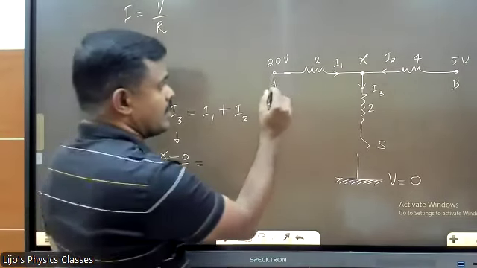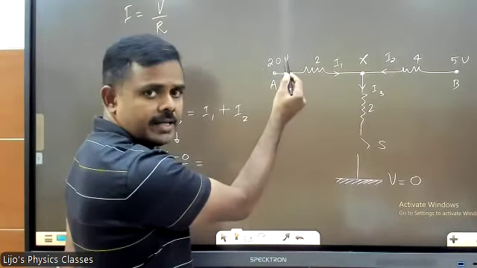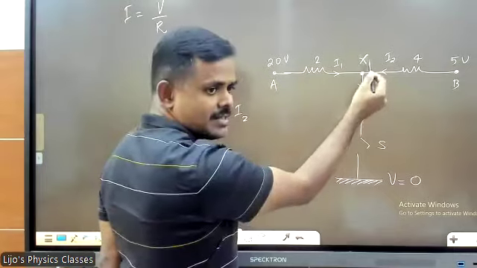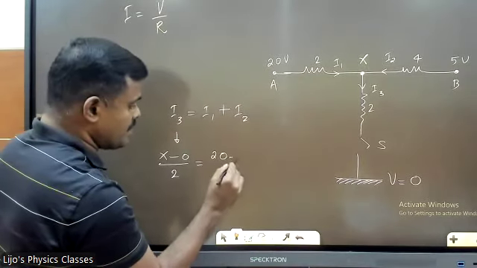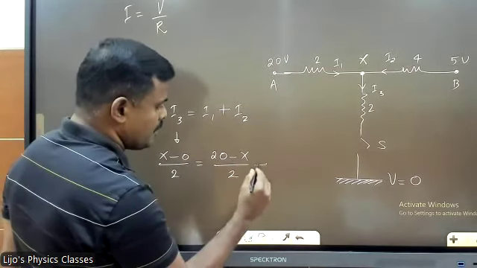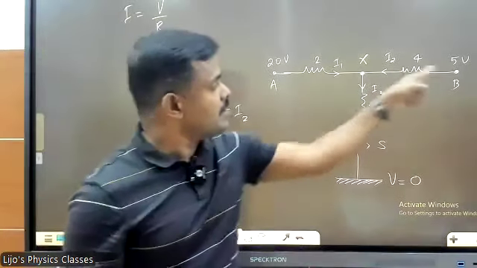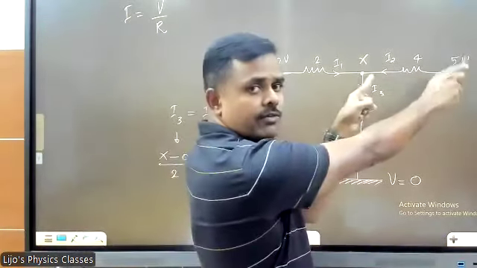What about I1? Potential here is 20. Potential here is X. Correct. So that must be 20 minus X divided by resistance there, 2, plus. Correct. What about that one? For this one, what is the potential at that end? 5.